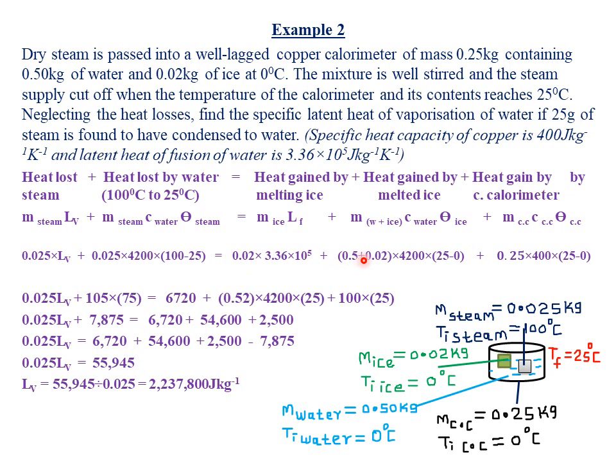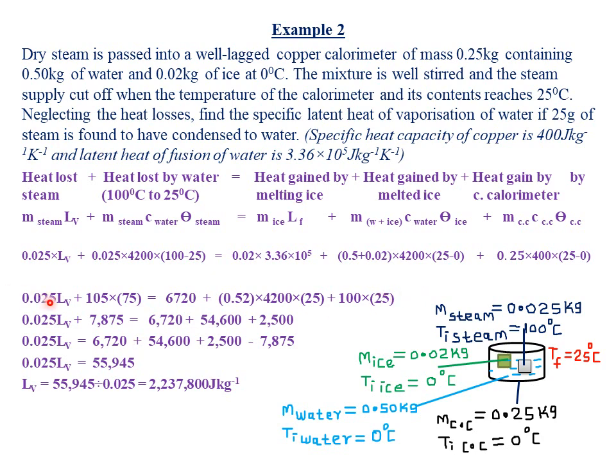Then if you take 0.5 plus 0.02, you'll simply obtain 0.52. Then of course times 4200, then multiplied by 25 minus 0, you'll simply obtain 25. So 0.25 multiplied by 400, you'll simply obtain 100. Then 25 minus 0, you'll simply obtain 25.